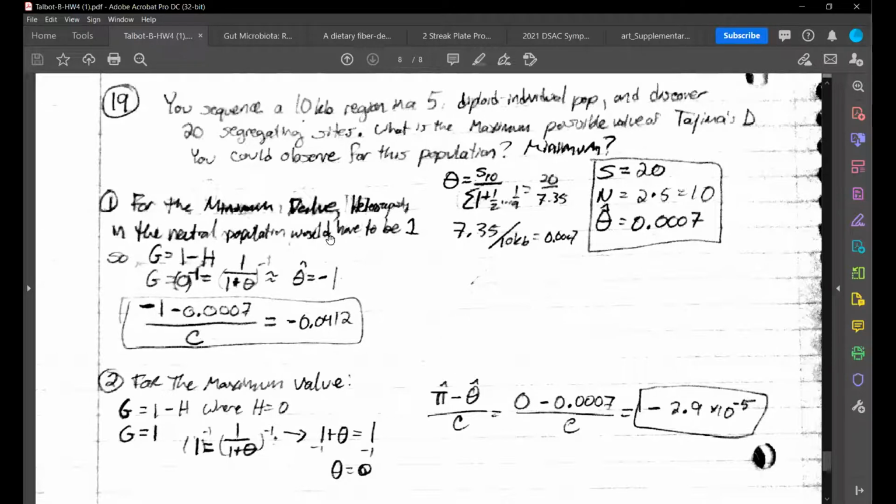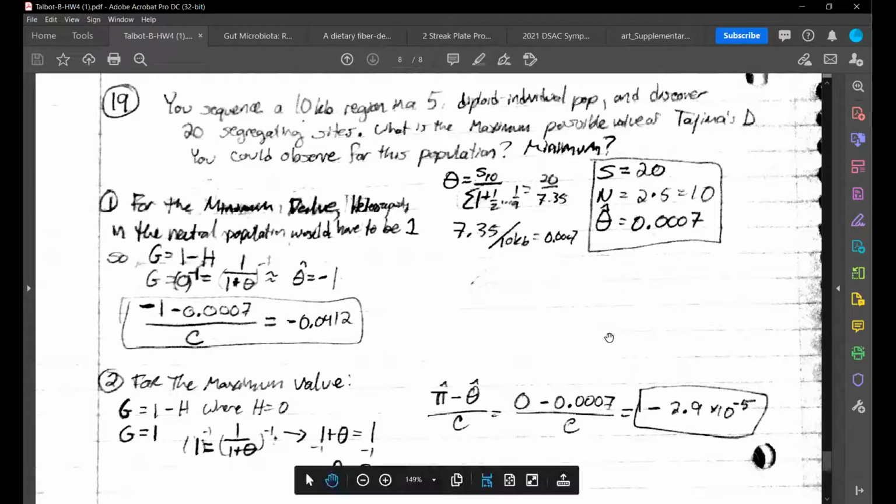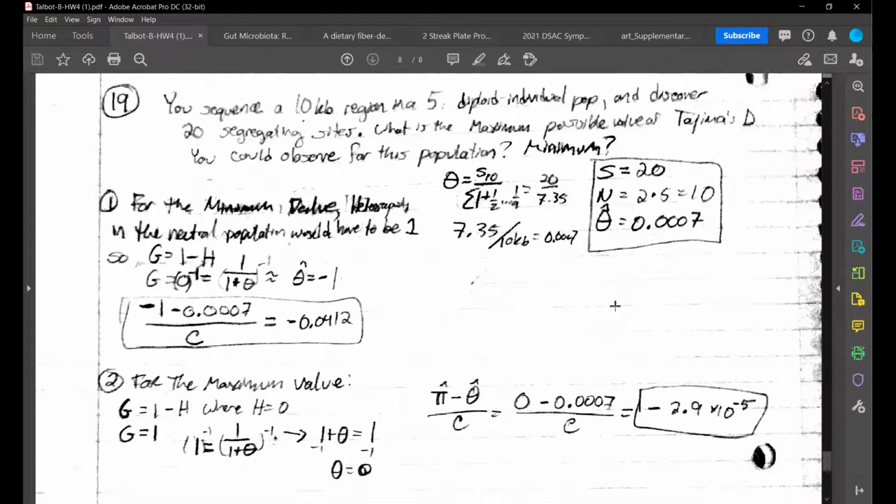So for your minimum value in a neutral population, I think you would have to have G equals 1 minus H, and then basically substitute in H with 1. This is getting there, but the problem has told us there are 10 alleles and 20 segregating sites.